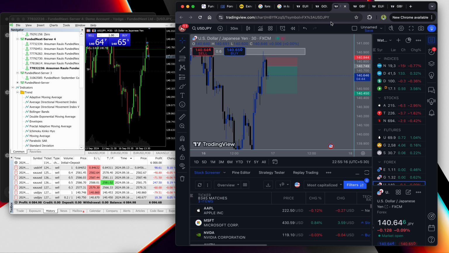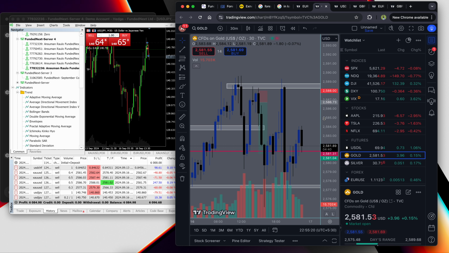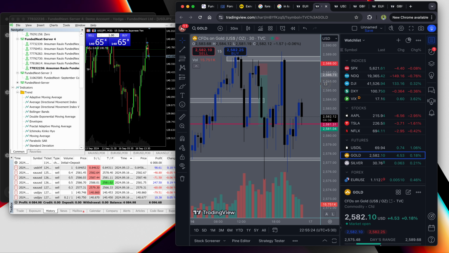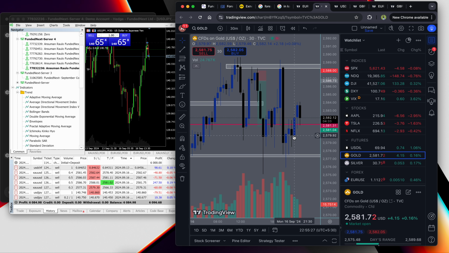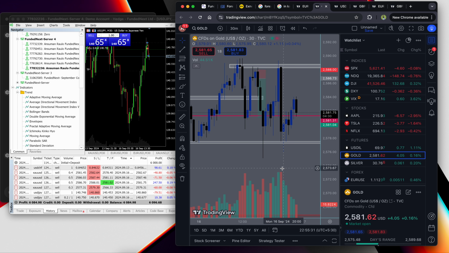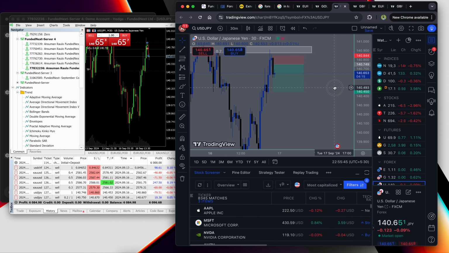But as you can see, gold and the US dollar are inversely correlated. Means if gold is falling, then the US dollar will be rising, and if gold is increasing, then the US dollar will be decreasing. And you can see that here also.